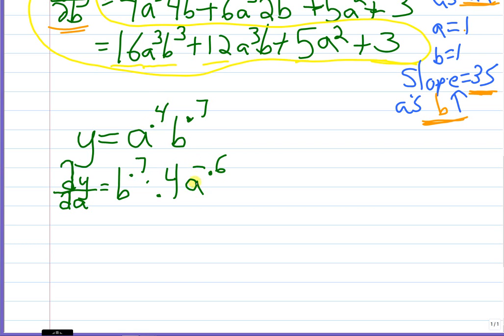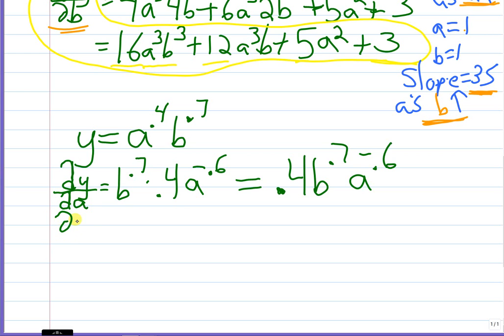And then we could clean that up a little bit to make it easier on the eyes. So 0.4 times b to the 0.7 times a to the negative 0.6. And that's going to be different from the slope in the b direction.